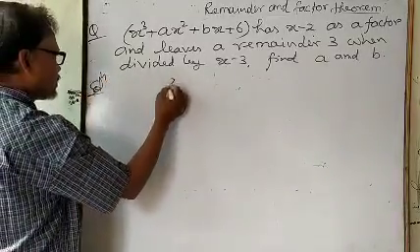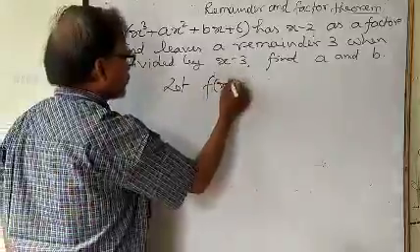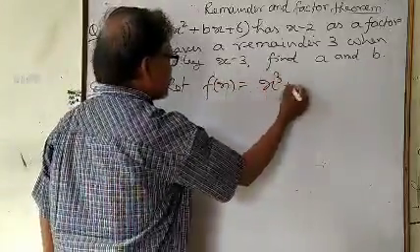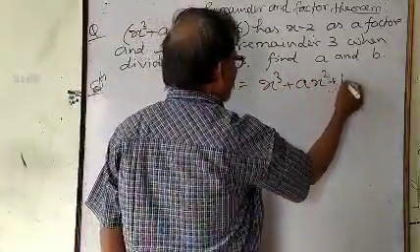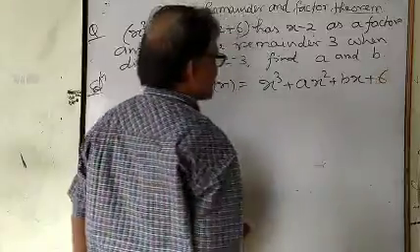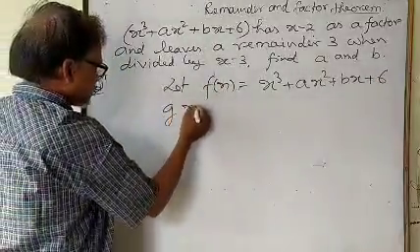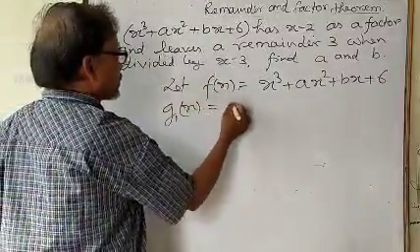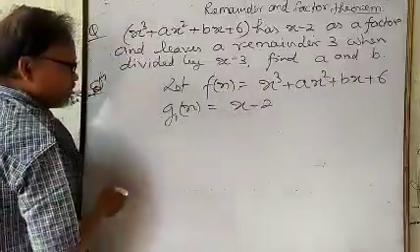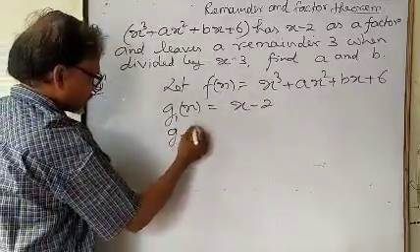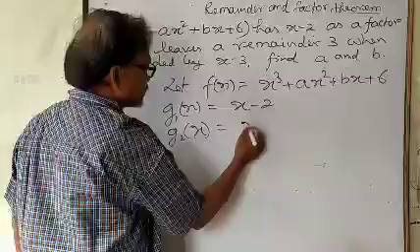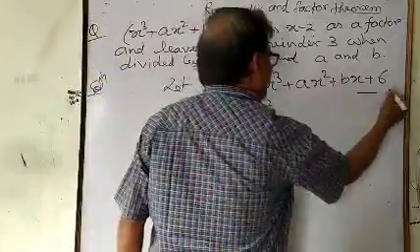First you write, let fx is equal to x cube plus ax square plus bx plus 6, and g1x is equal to x minus 2 and g2x is equal to x minus 3, because there are two divisors. This is equation 1.